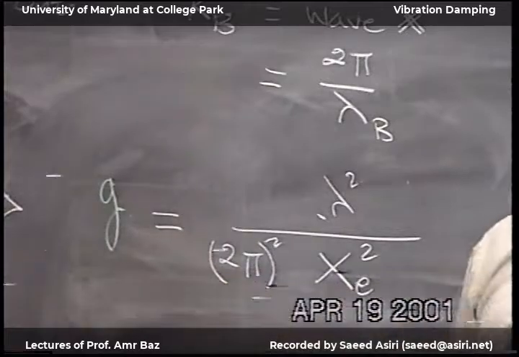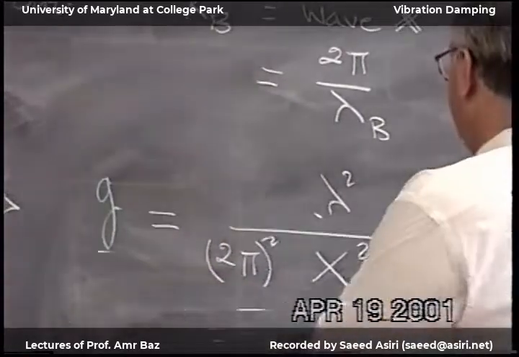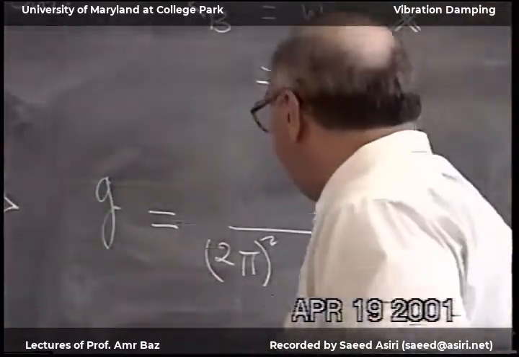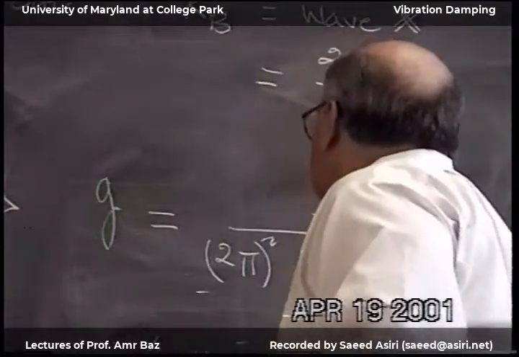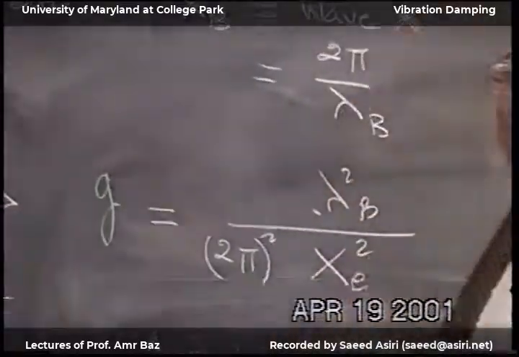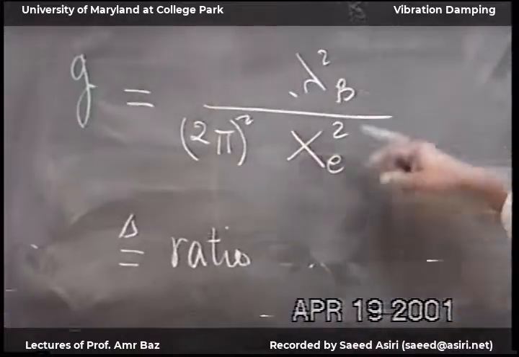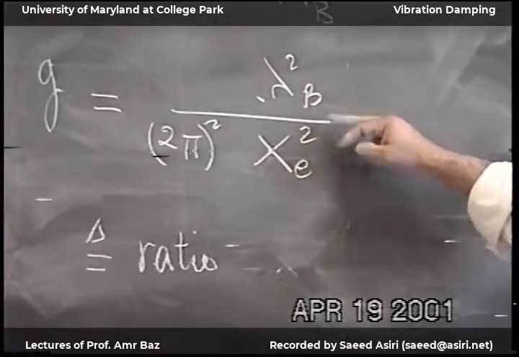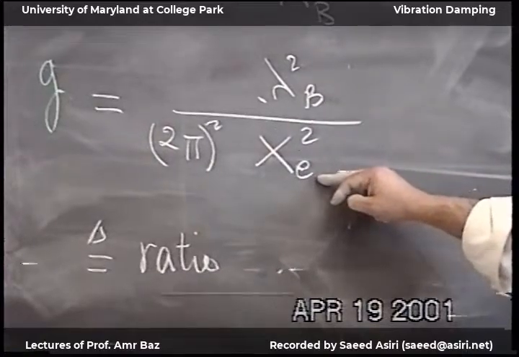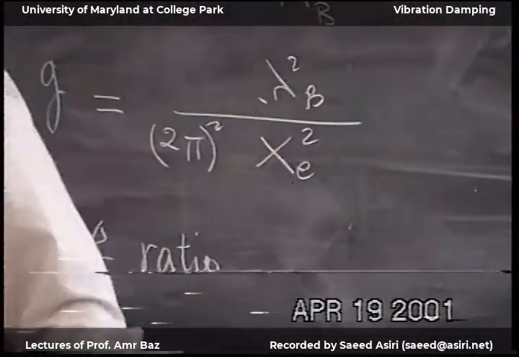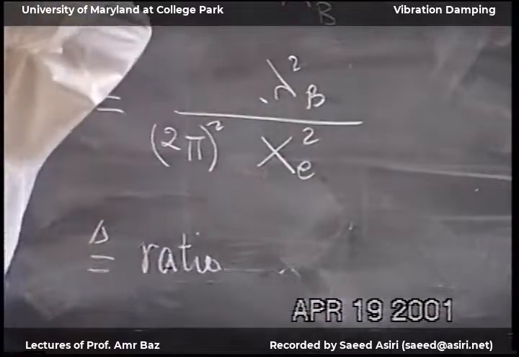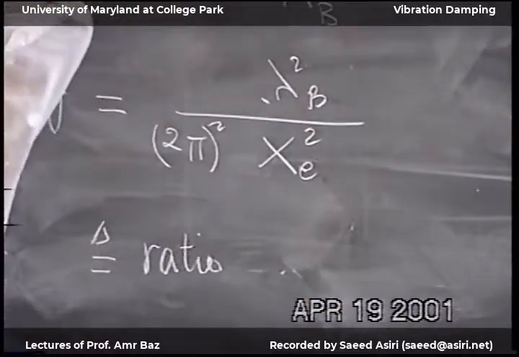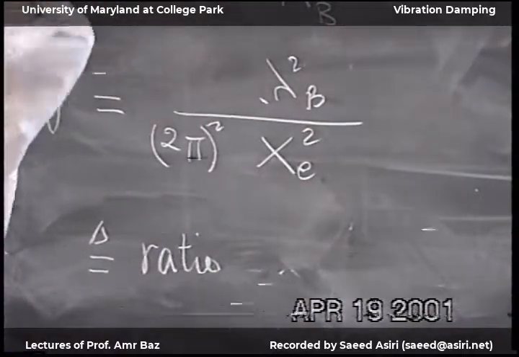And the physical meaning now of G is there's a ratio between the wavelength in bending and then this is defining the decay of the amplitude in the longitudinal direction along the constraining layer.